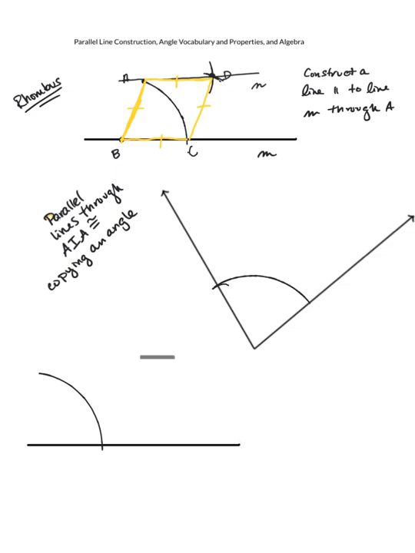Then you're going to set your compass so that it passes through the other intersection point. Okay, what you're doing is you are measuring how wide the angle is.